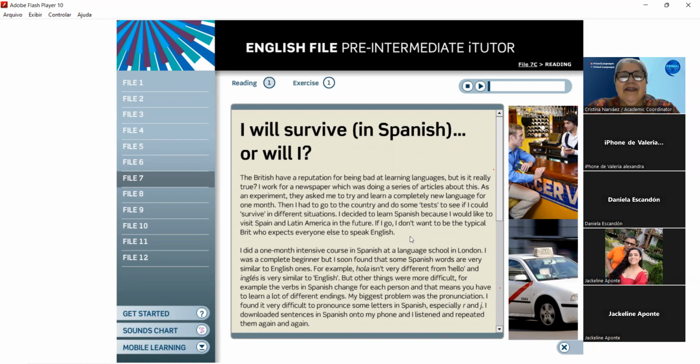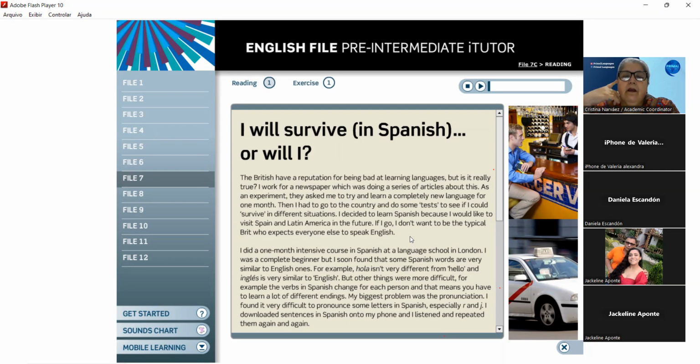The British have a reputation for being bad at learning languages, but is it really true? I work for a newspaper which was doing a series of articles about this. As an experiment, they asked me to try and learn completely new languages for 1 month.